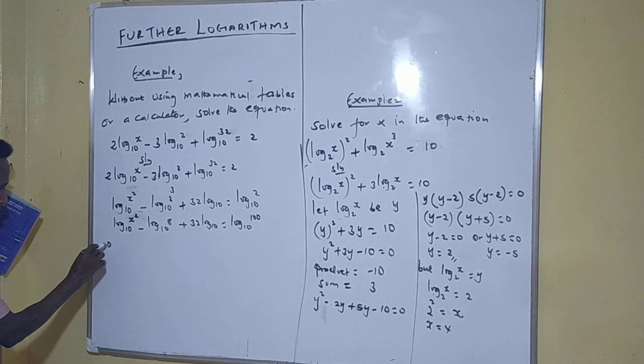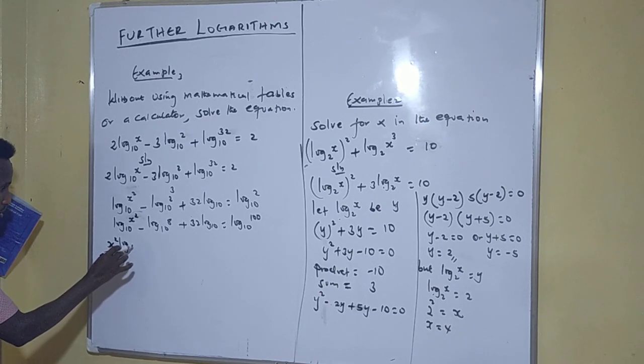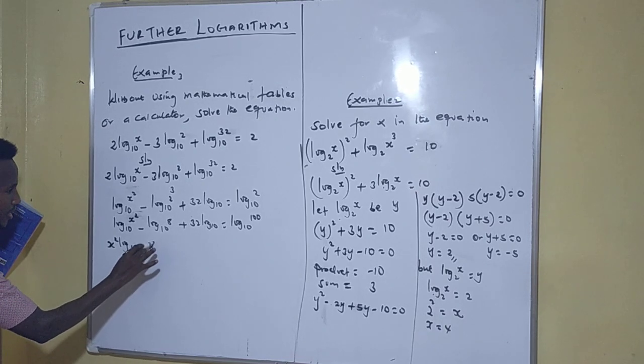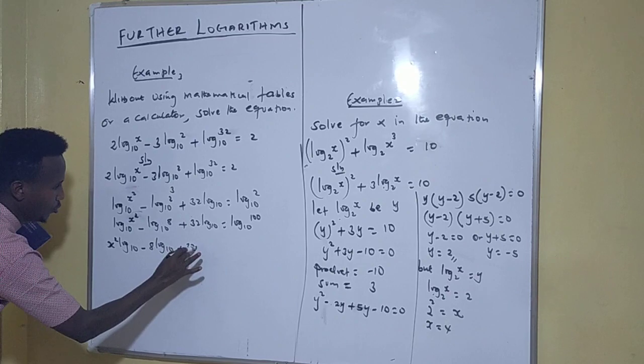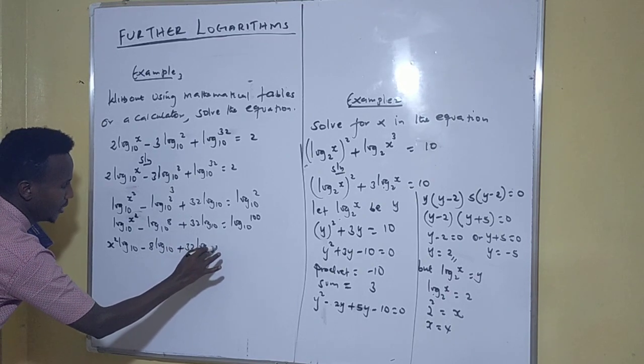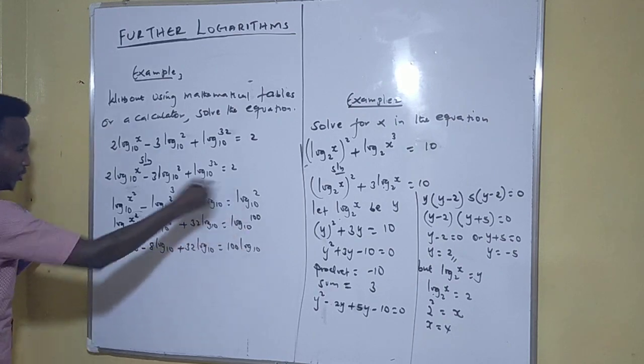This will be again x squared log base 10 minus 8 log base 10 plus 32 log base 10 is equal to 100 log base 10. Take this to this side.